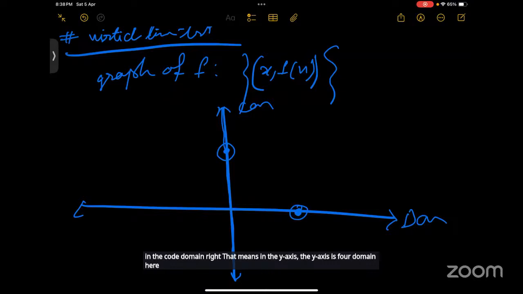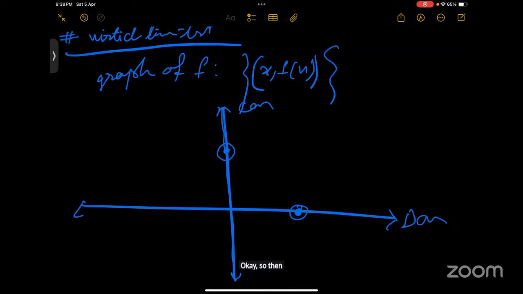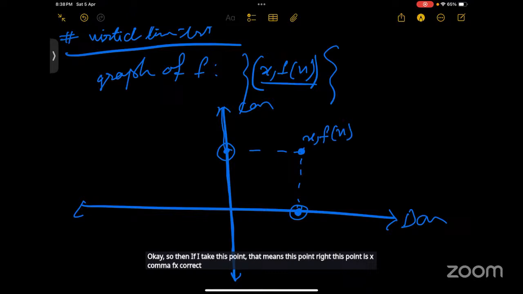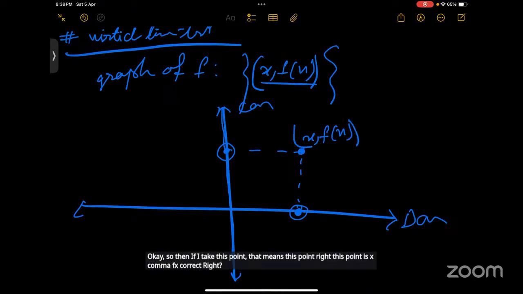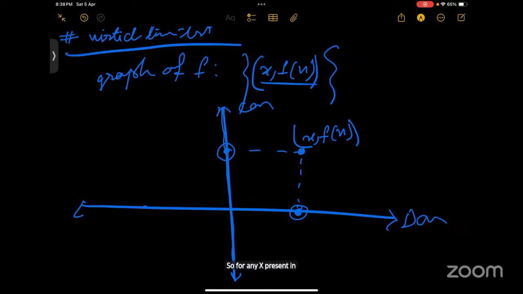Okay, so if I take this point, this point is (x, f(x)), correct? For any x present in the domain, similarly we can find many such points (x, f(x)).